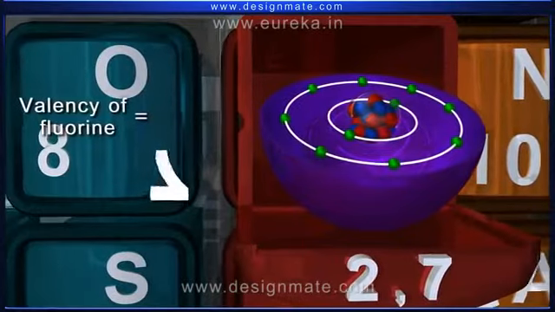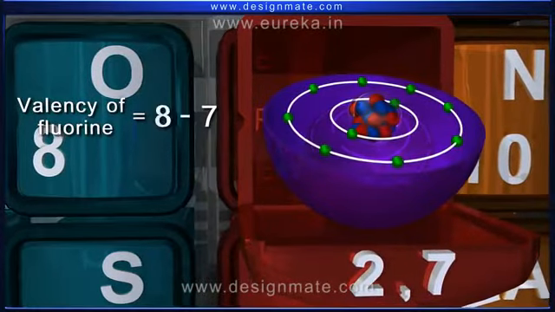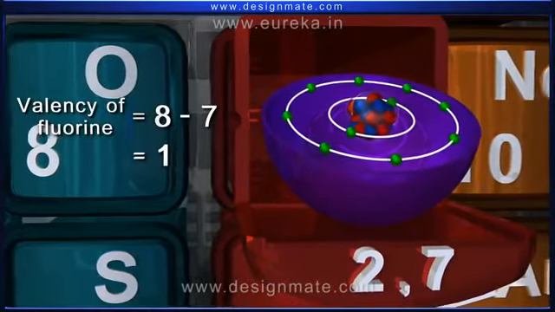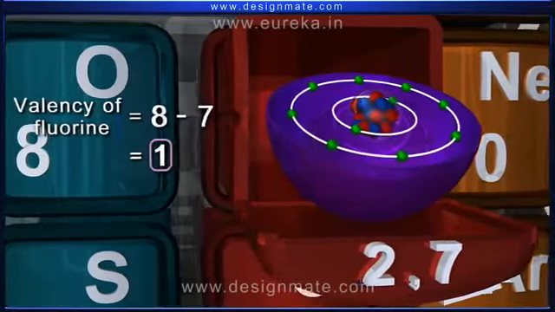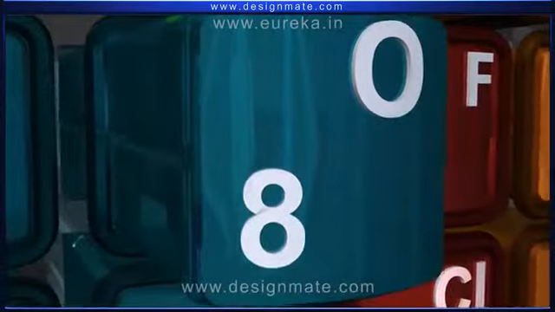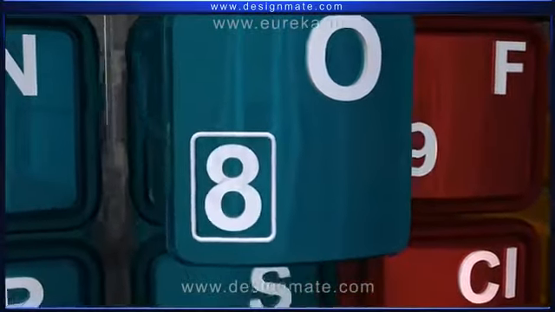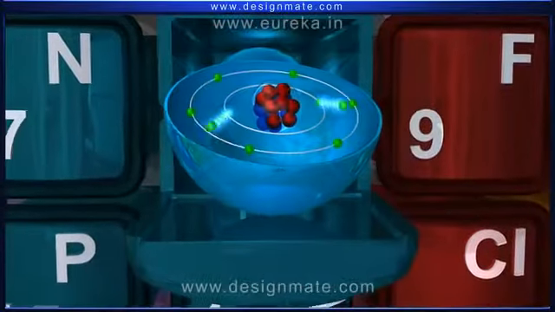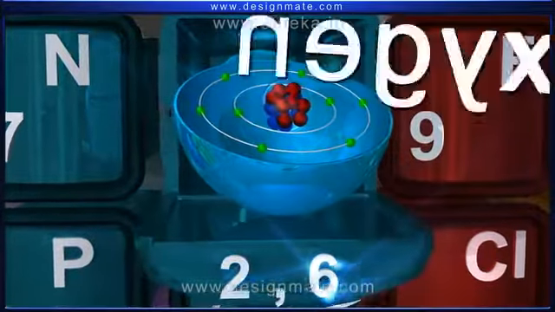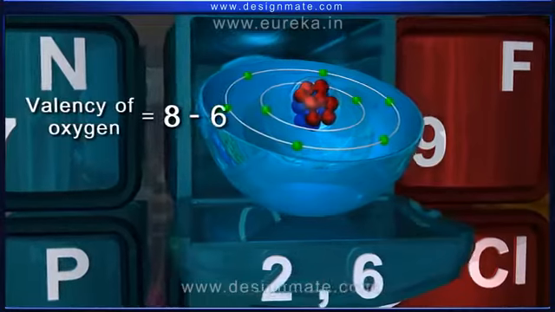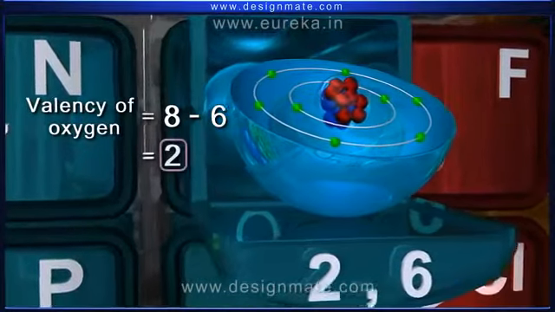In order to calculate its valency, the number of valence electrons are subtracted from 8. Hence, the valency of fluorine is 1. For an oxygen atom with an atomic number 8 and electronic configuration of 2, 6, its valency is given by 8 minus 6, that is 2.